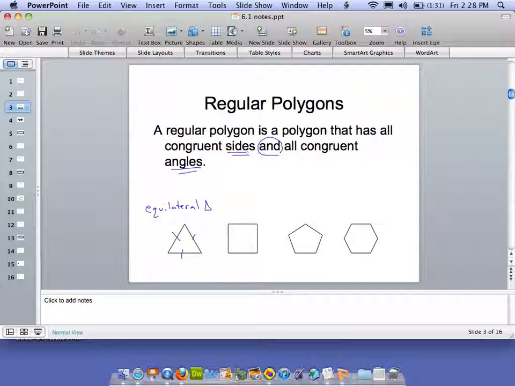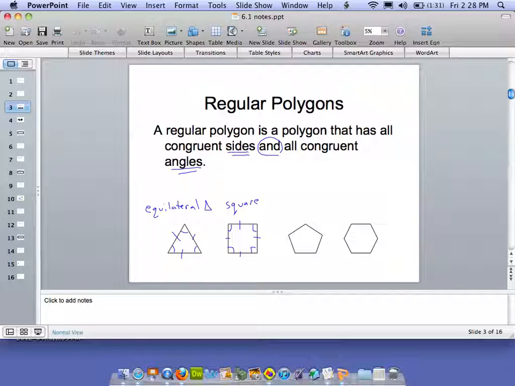So you can notch the sides if you want to draw some little figures for yourself on the bottom there. I don't know if I left you quite enough room. And notch all the angles. And all the angles, we've already talked about this, would be 60. The next one, the quadrilateral that's considered regular, is the square. And those angles are all 90 degrees.